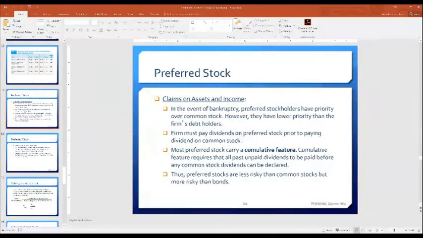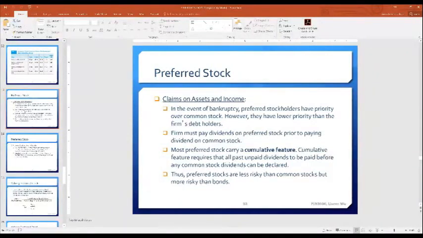And then preferred stockholders: the firm must pay dividends on preferred stock prior to paying dividends on common stock. So they are the priority in getting the dividends against common stockholders. Most preferred stock carry a cumulative feature.